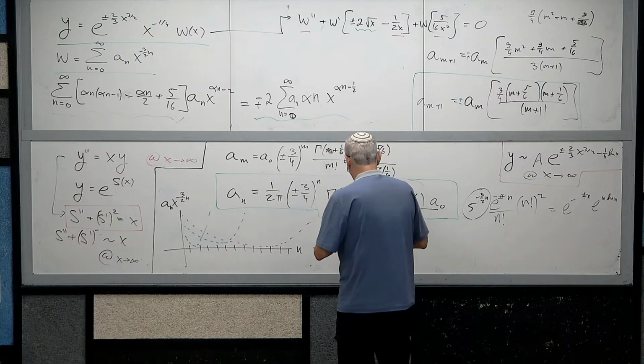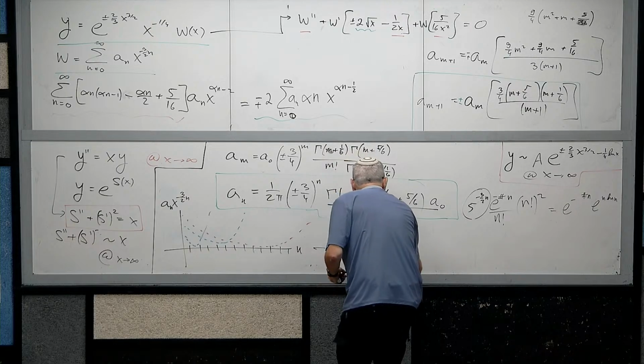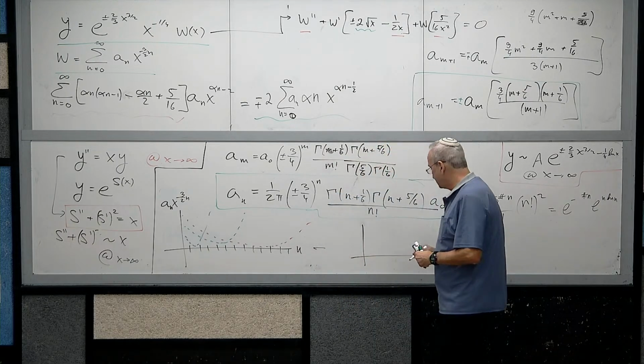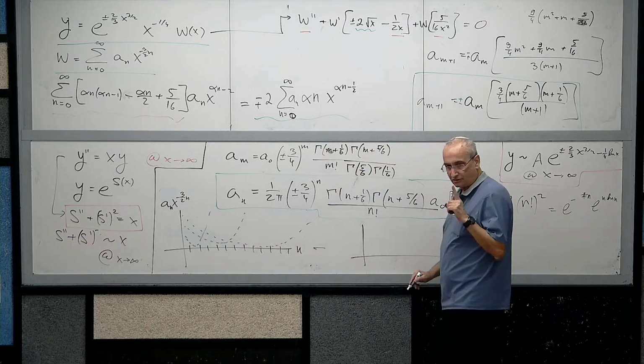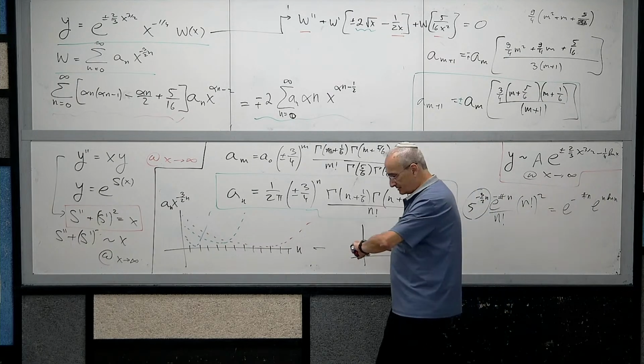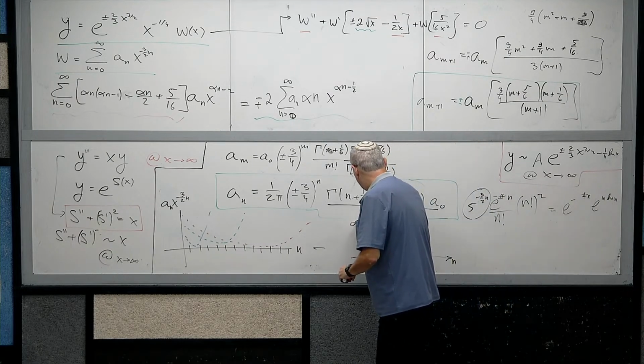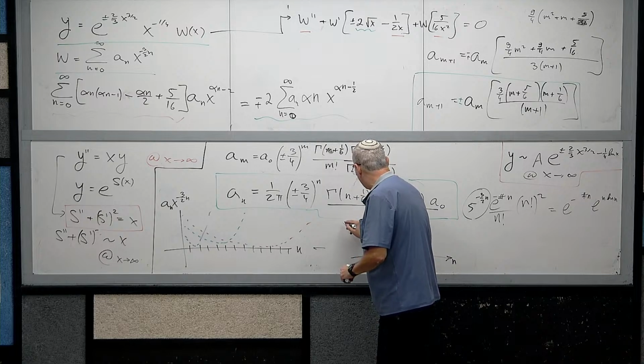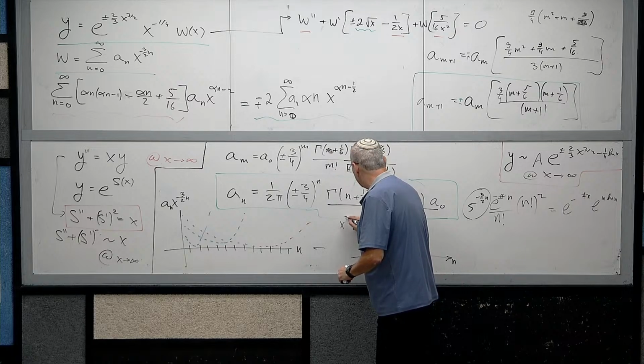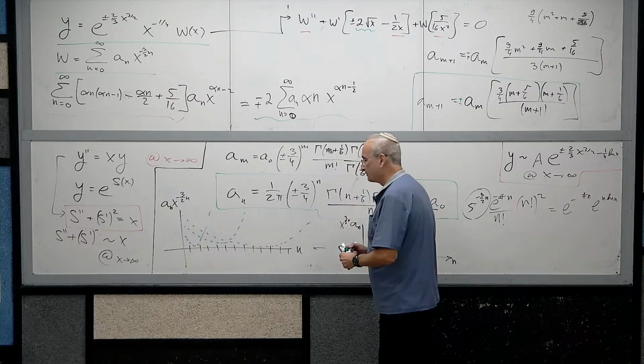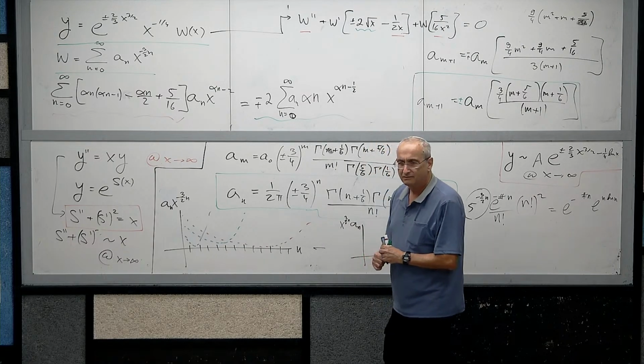Let's remind ourselves what happened when we had the Taylor series around 0. Again, this is n, and this is a_n, in this case times x to the power of, I guess, 3/2 n or something. Yes? Okay?